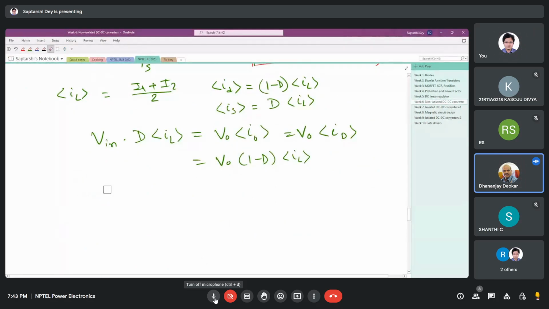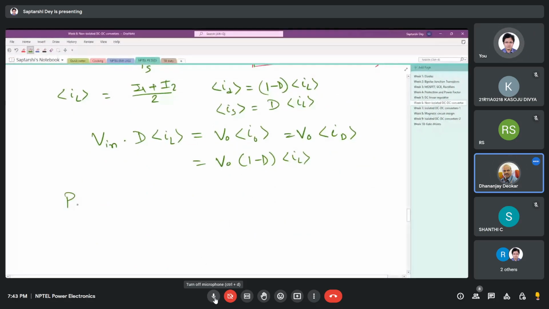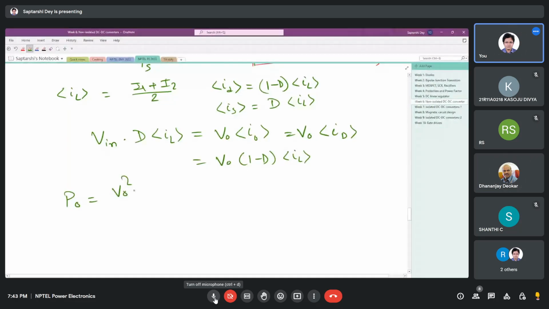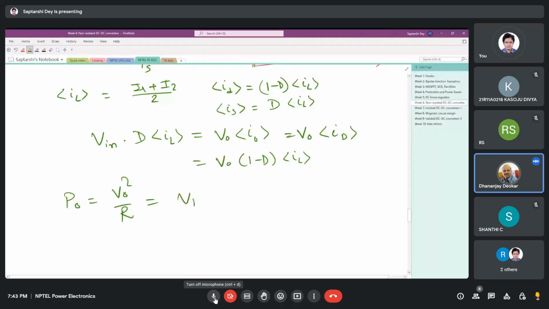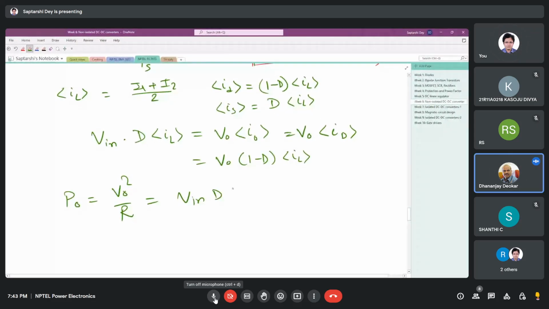So power output is V output squared by R, that is equal to V_in d times I_L. So the average of I_L depends on the load.